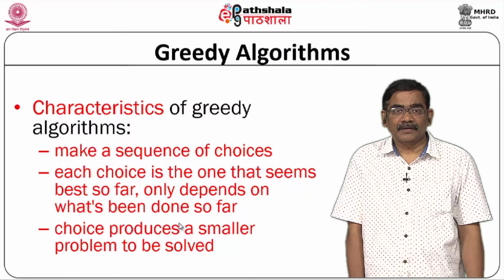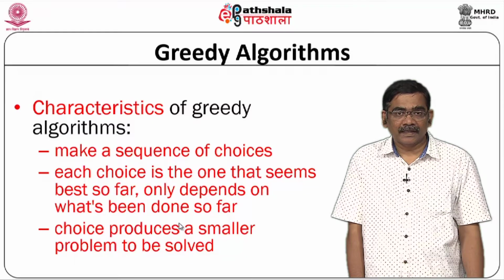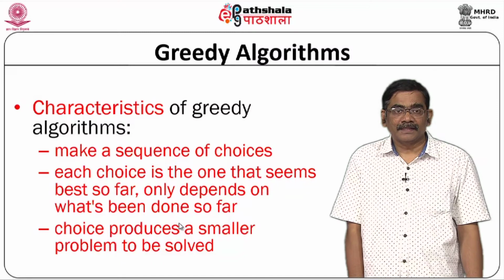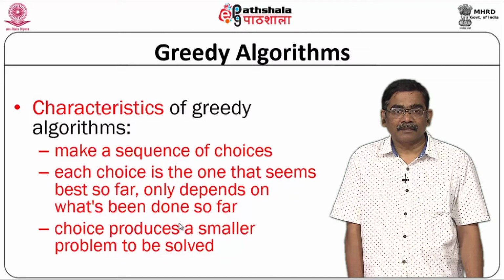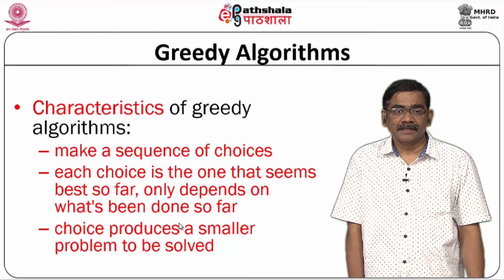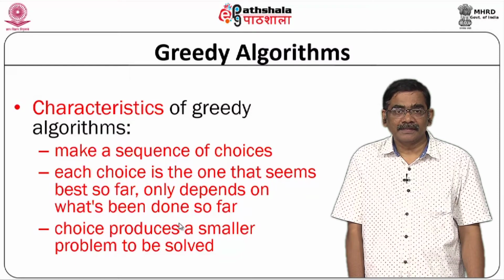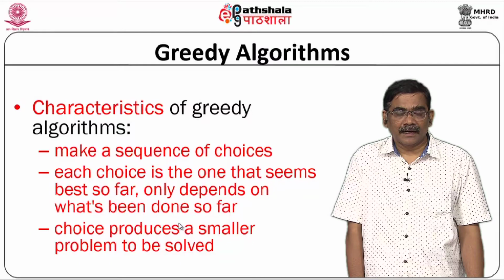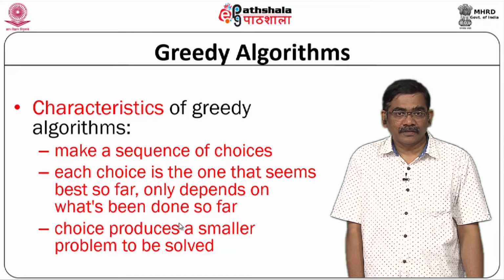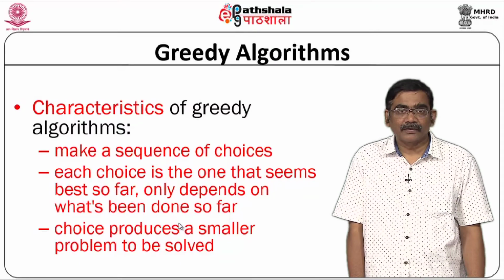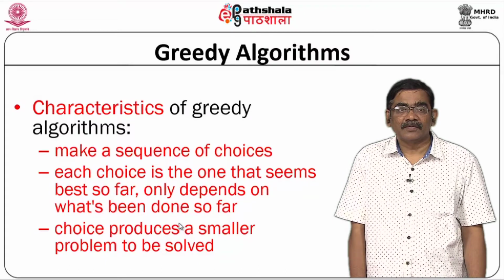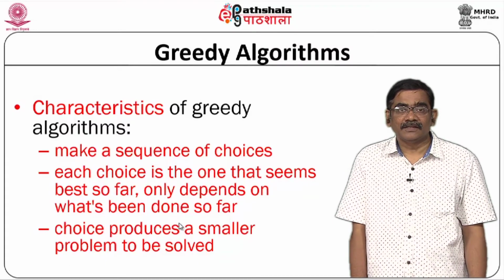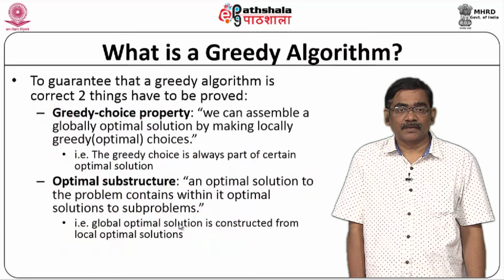By continuing like this, we are able to solve the given problem. So, the essential characteristics are multiple choices, a sequence of choices, local optimality, and the usage of the choice reducing the instance. These are some of the salient features of any greedy approach.